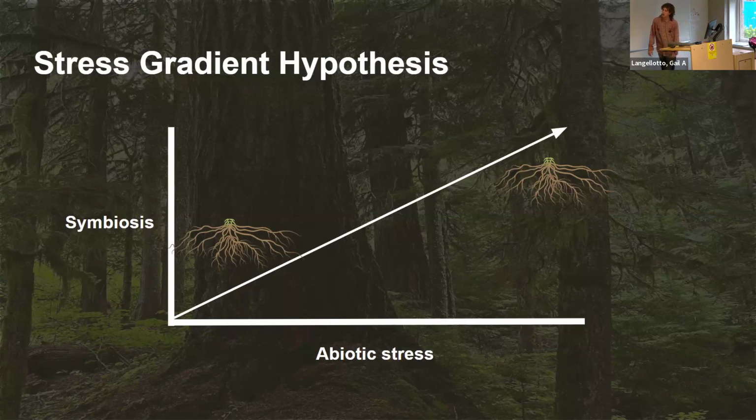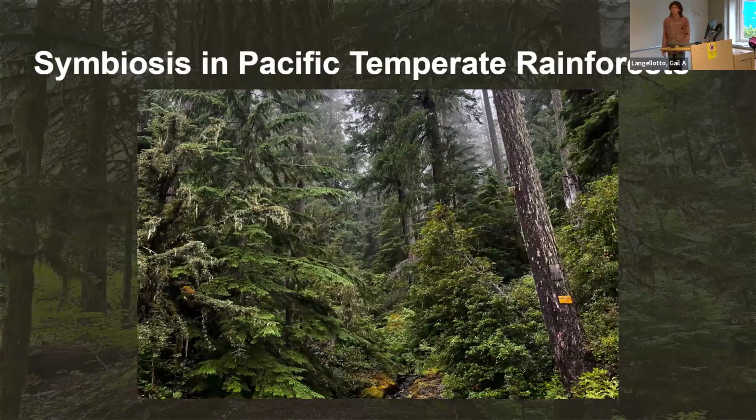However, in habitats with low abiotic stress, where nutrients are readily available and there's not much pressure, this relationship is really not going to be justified through the cost. And so here we'll see a decrease in the mutualism present. We're curious how this will look within the temperate rainforests of the Pacific Northwest, and specifically within the Cascade region of Oregon.